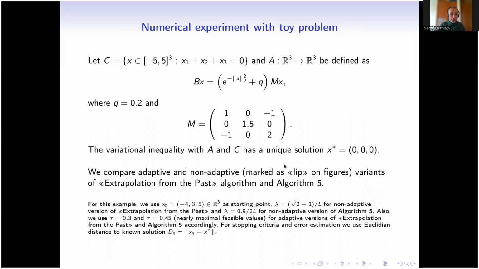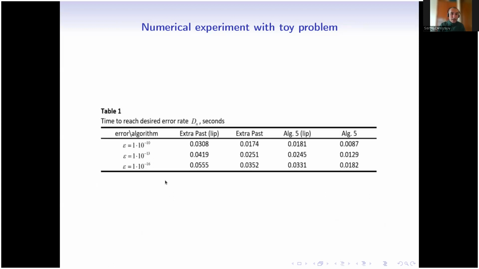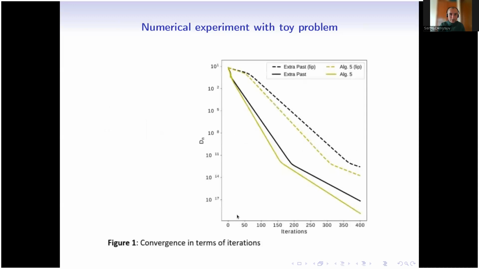And we compare our algorithm to one of the well-known algorithms, which is called extrapolation from the past. Here you see timings for different error size, and you see that all algorithms performed quite well, and algorithm 5, which is the most advanced variant of the proposed algorithm, performs slightly better than other ones.